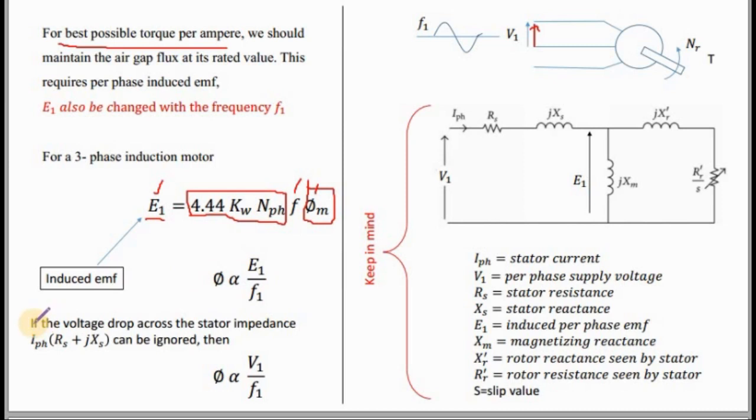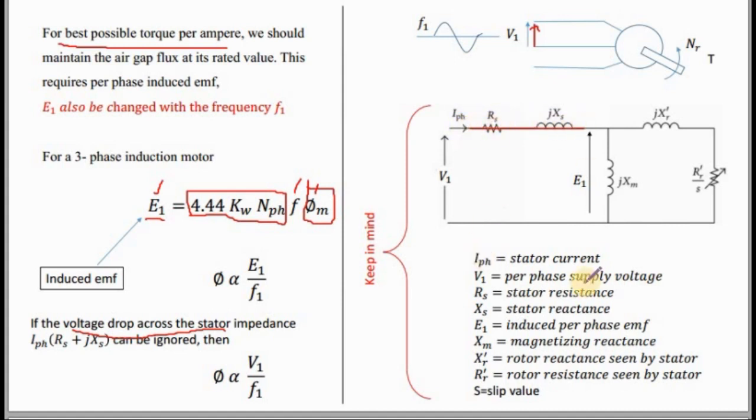And if we neglect the voltage drop across the stator, RS, XS, this S is stator, this R is rotor. So if we neglect this part, which means the voltage drop, neglecting voltage drop means you short circuit here to there.